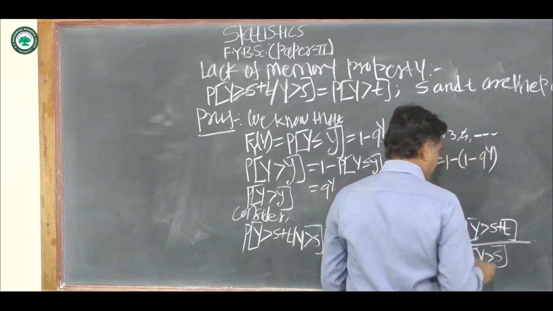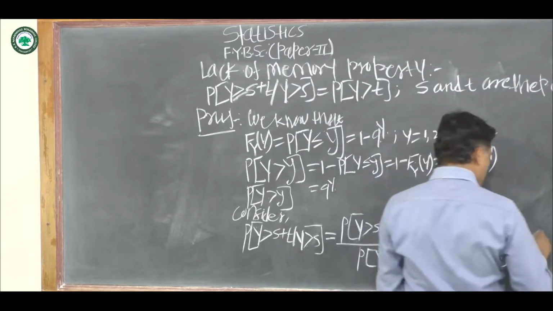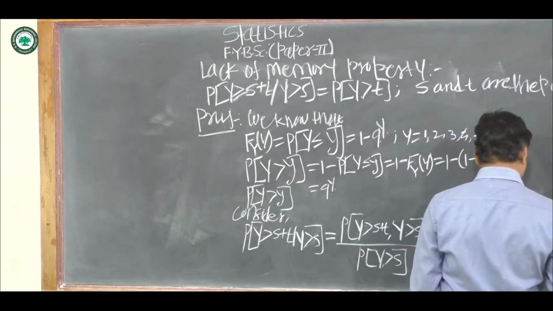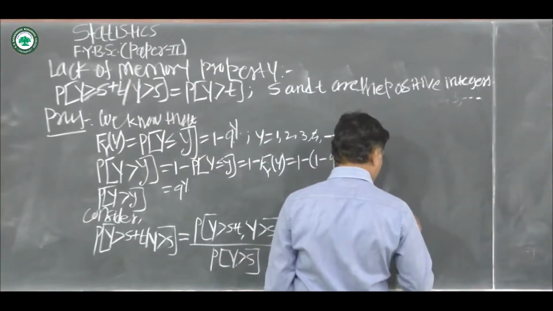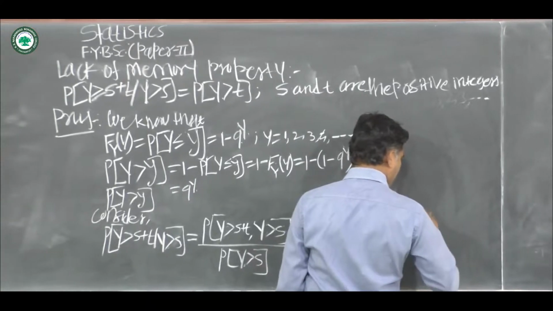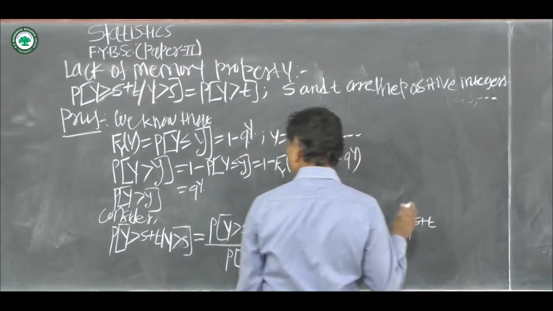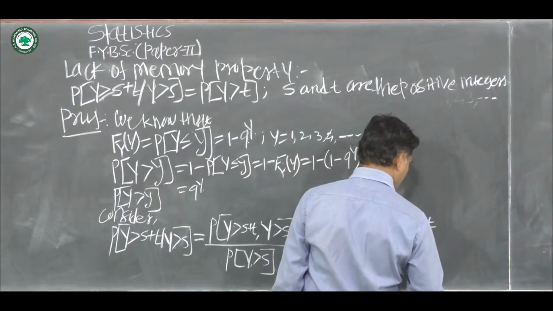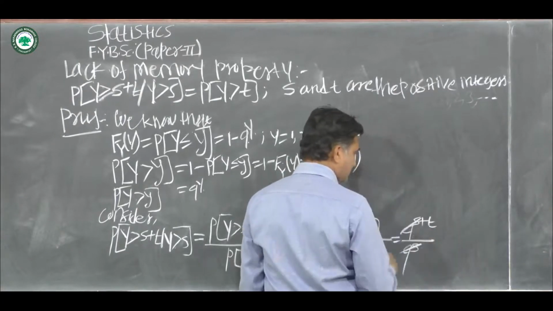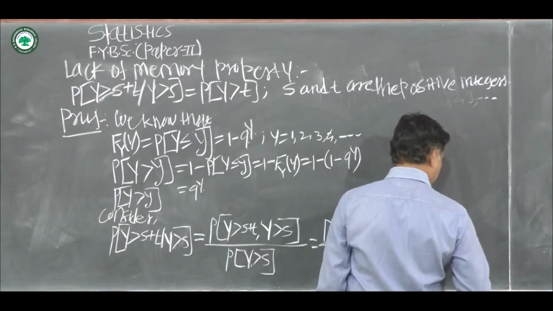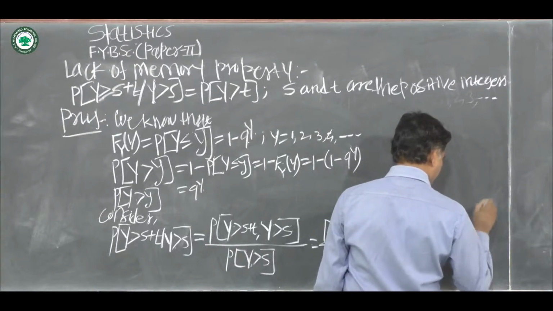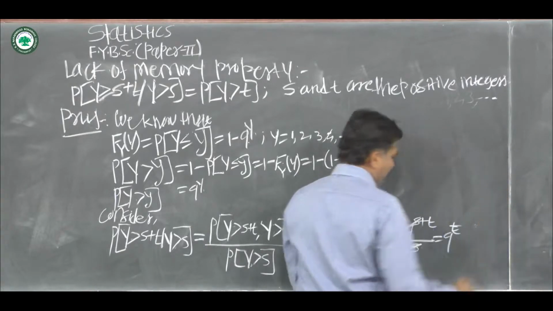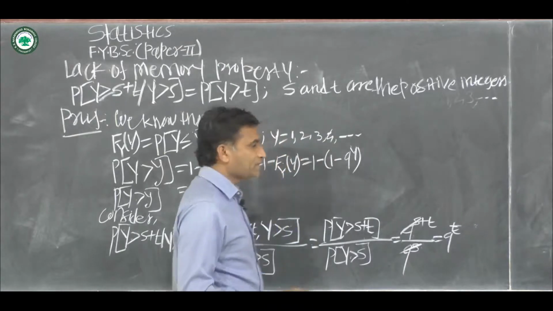Okay, this probability is now q raised to s plus t, divided by q raised to s. q raised to s gets cancelled, so the required probability is q raised to t.